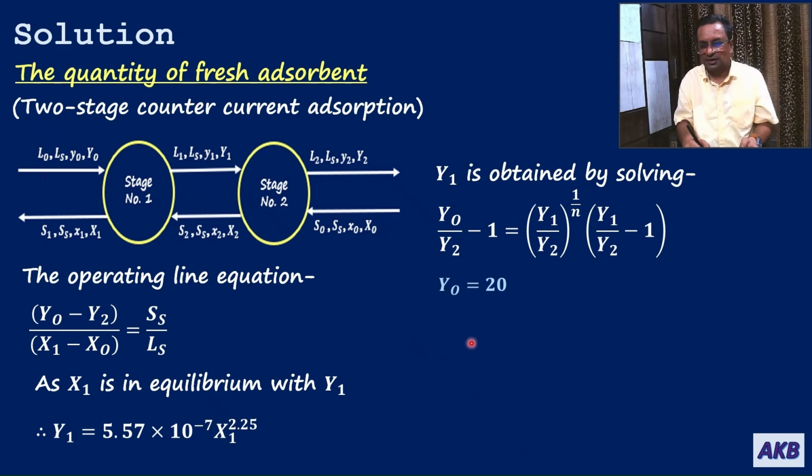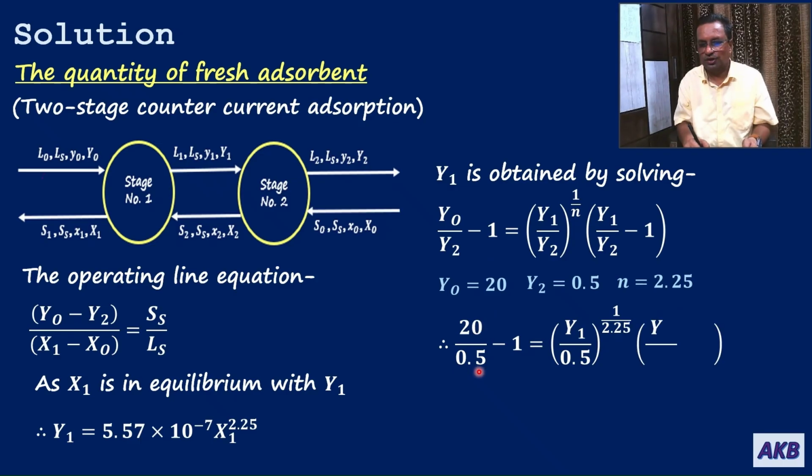Let us move ahead. Y0 is known to us, it is 20. Y2 is known to us, the final Y, which is 2.5% of 20, which is 0.5. N we obtained is 2.25. If I use the values, it will be 20 upon 0.5 minus 1, equal to (Y1 divided by 0.5) raised to 1 upon 2.25 into (Y1 by 0.5 minus 1).